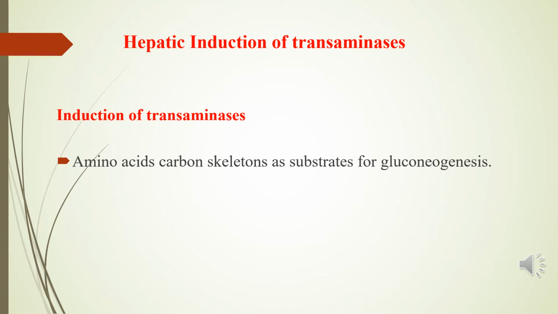So, as we know, amino acid transamination gives the amino acid carbon skeleton, which serves as a substrate for gluconeogenesis. This action is produced by cortisol, but testosterone is a stimulant of protein formation. So cortisol may lead to amino acid and protein catabolism, but testosterone produces the reverse effect.